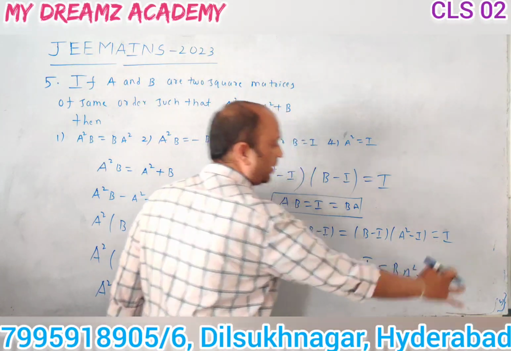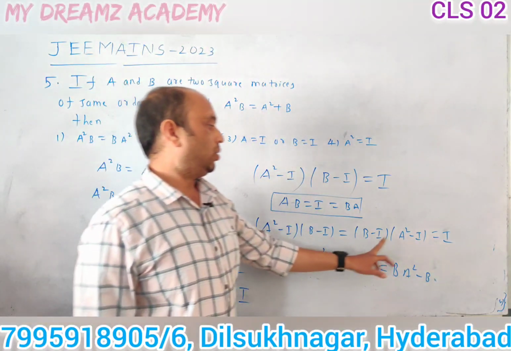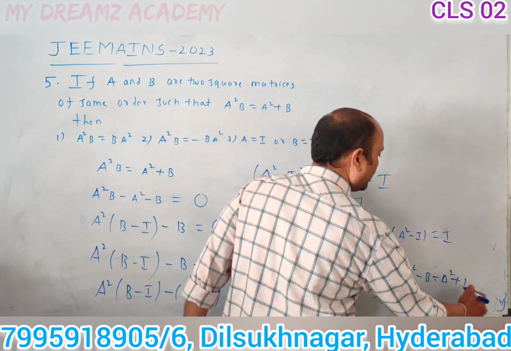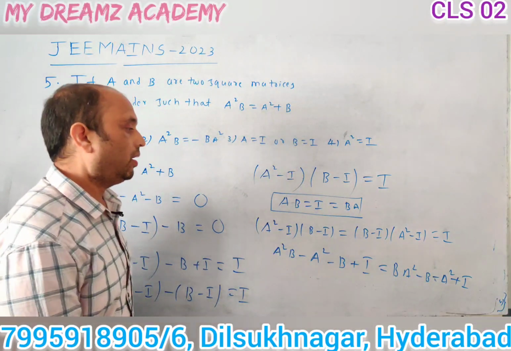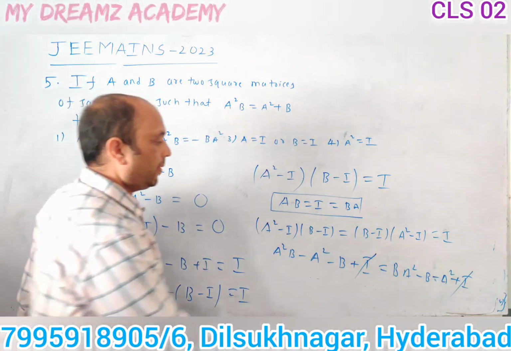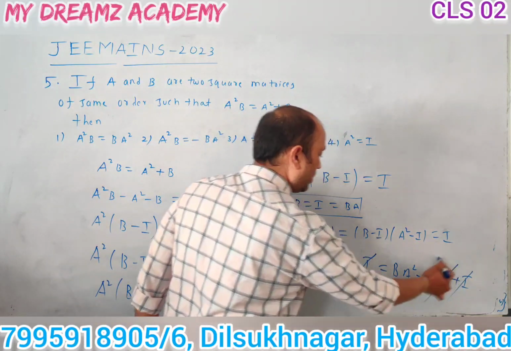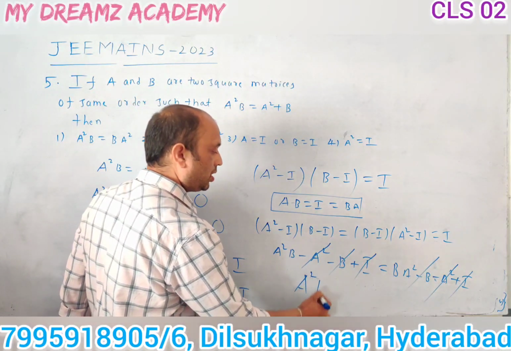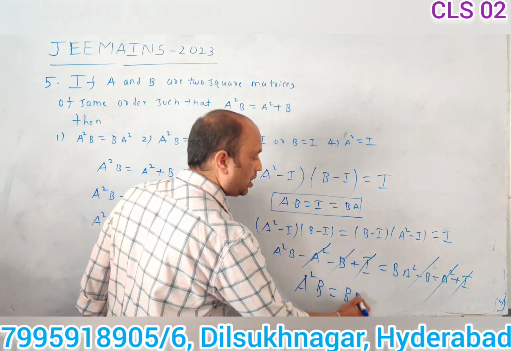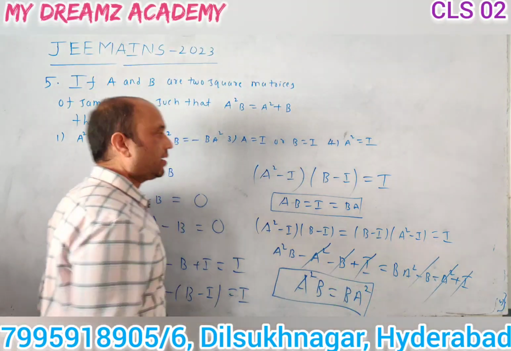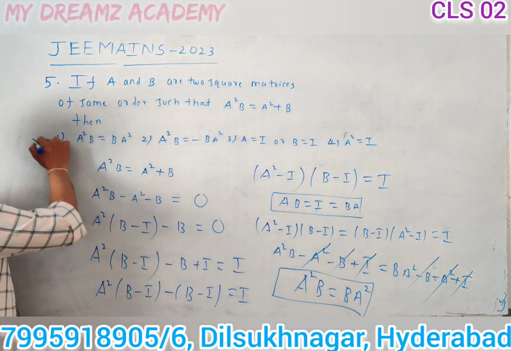Now I into A square minus A square plus I square is I. The plus I gets cancelled, and minus A square minus B gets cancelled. So the required condition is A square B equals B A square. This is our required condition, so the first option is true.